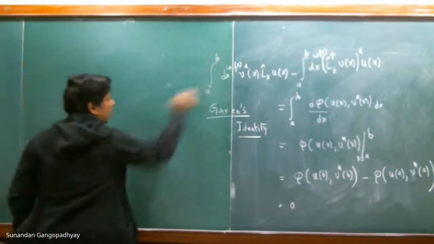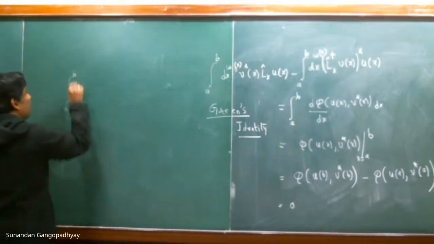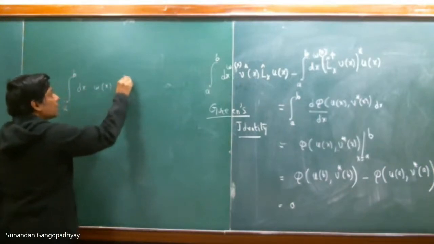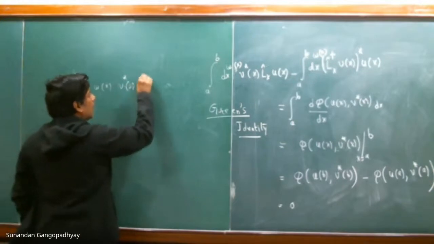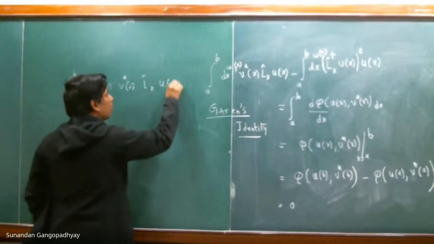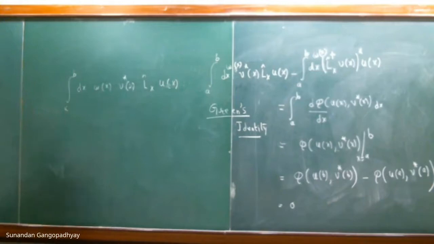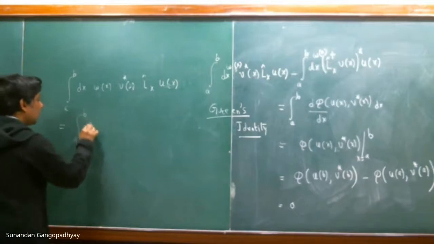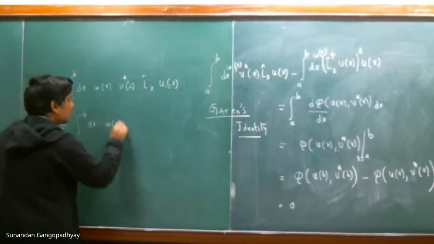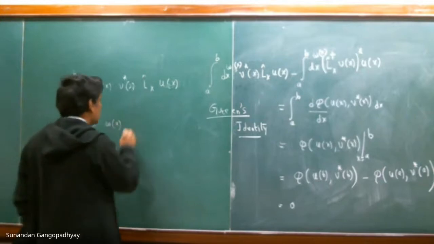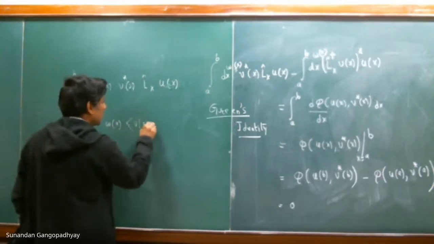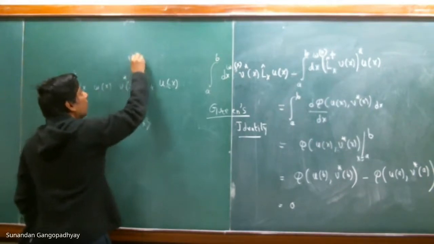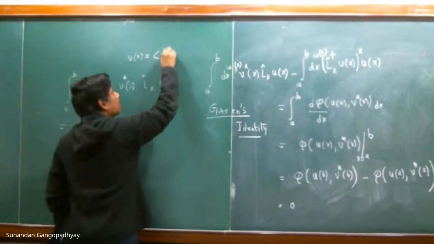Let us look at the first term: integral from a to b dx, the weight function W of x, v star x, L hat x, u of x. This term, you can write it in the following way: integral a to b dx, w of x, v star x. v star x is nothing but bra v ket x, right? Because v of x is bra x ket v.